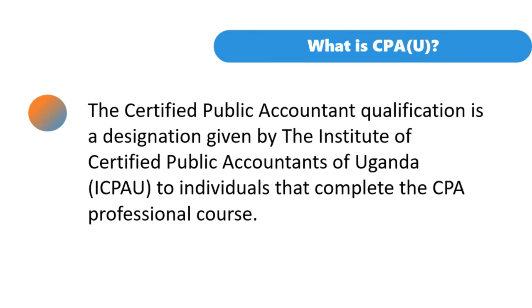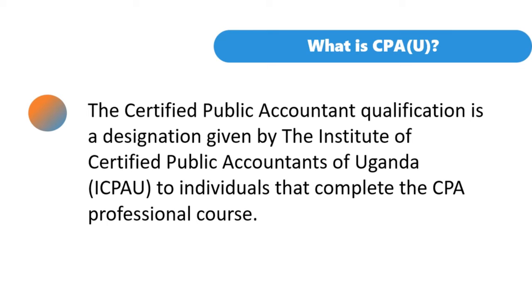Now, the Certified Public Accountant qualification is a designation given by the Institute of Certified Public Accountants of Uganda to all those individuals that complete the CPA professional course. The Institute is mandated to regulate and maintain the standards of accountants in Uganda.